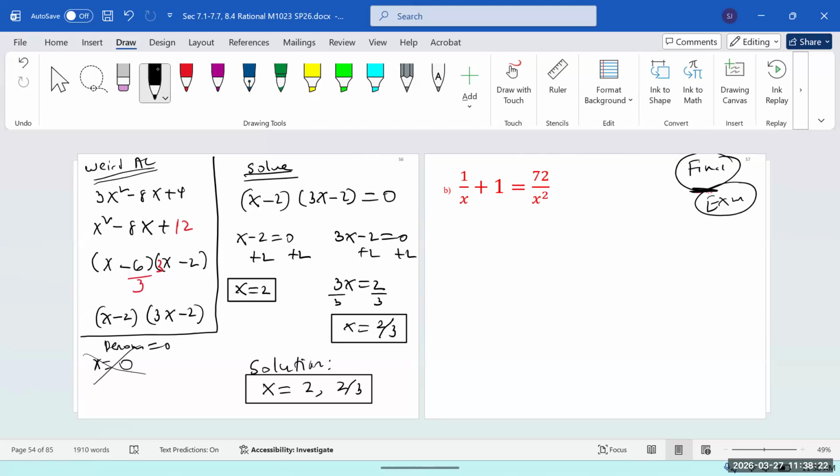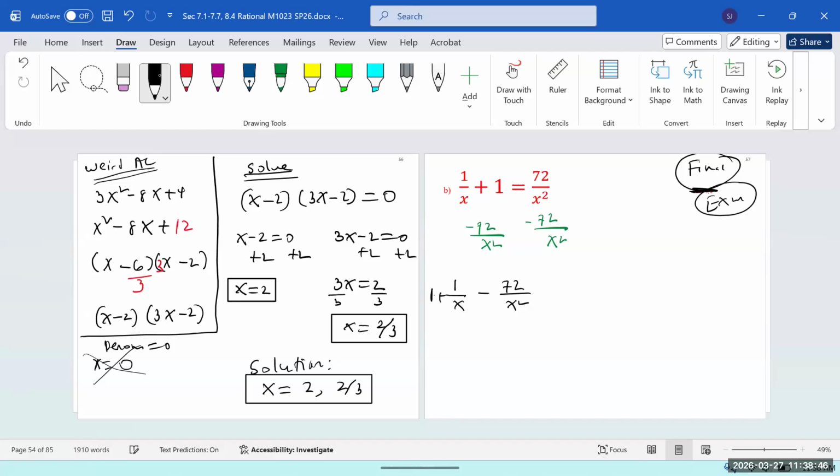Okay, so let me take volunteers. Starting with Natasha. What's the first step? Subtract x squared from both sides. So what did you write in the next line? Plus 1.